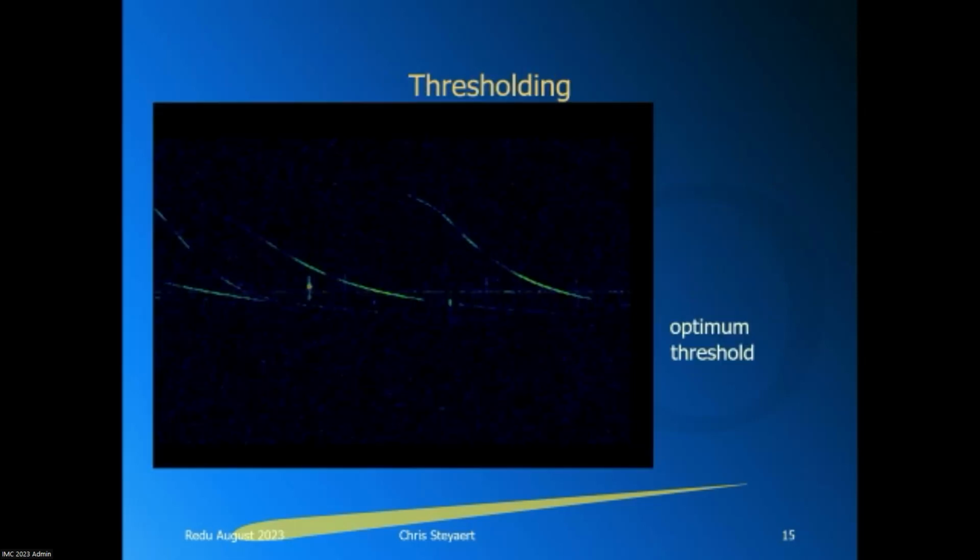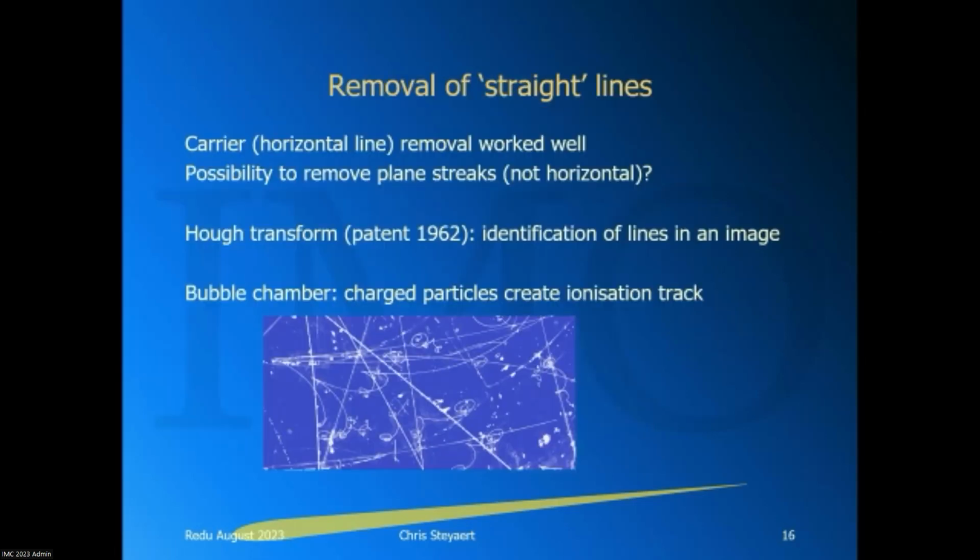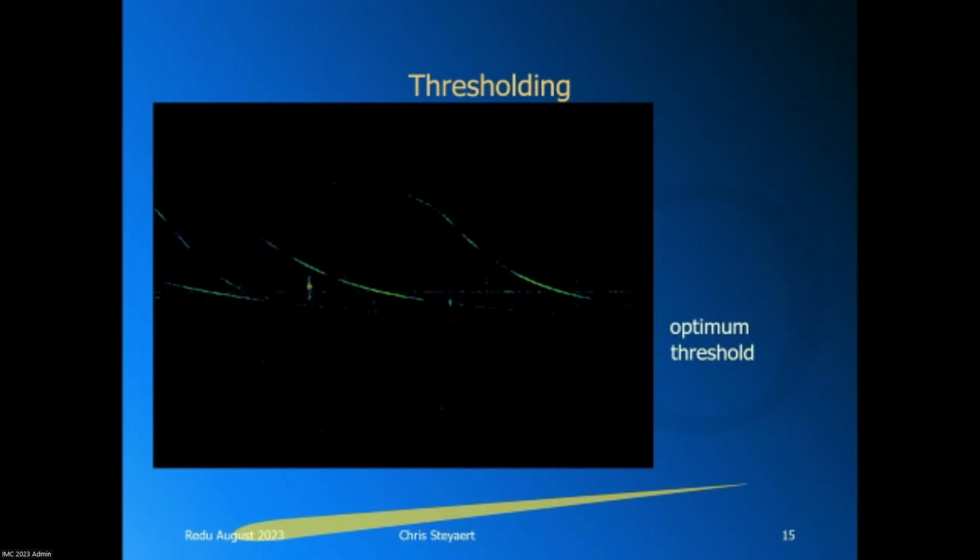First of all, we do some thresholding, because you saw there was a lot of noise in that. We want to get rid of all these little speckles, so you choose a threshold. Let me now see, because that gave also a few days ago. Oh, this is not working.